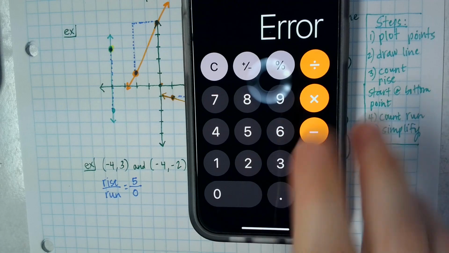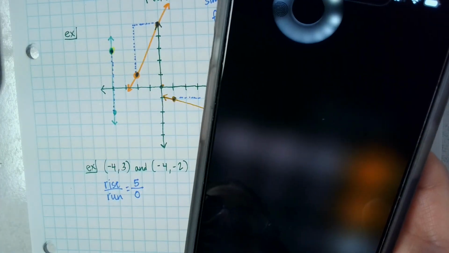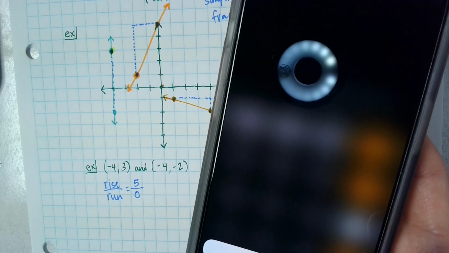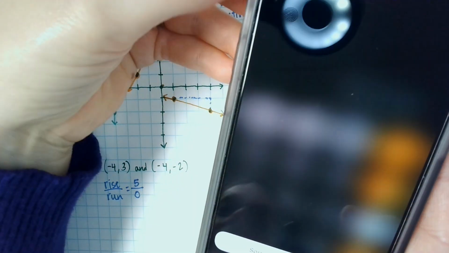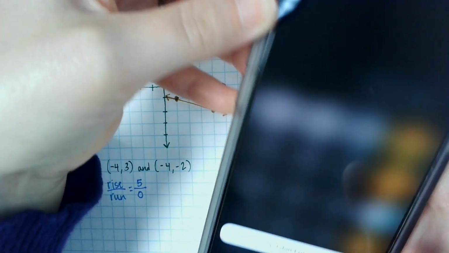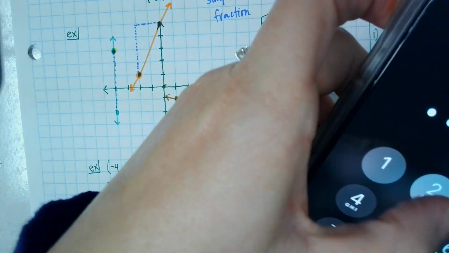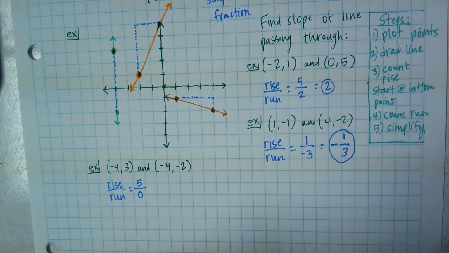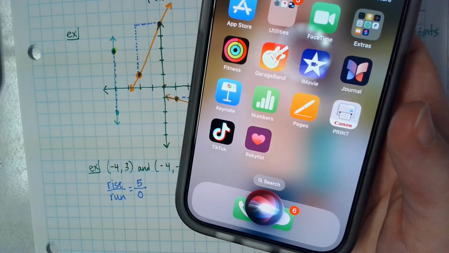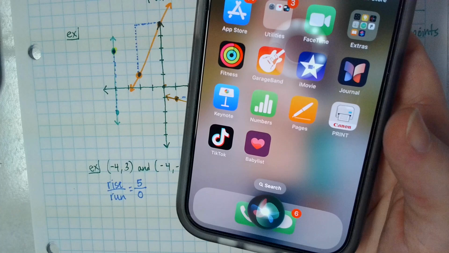Let's see if it does. Siri, what's 5 divided by 0? Not gonna do it? Hang on. Let me unlock it. Siri, what's 5 divided by 0? The same as 6 divided by 0, undefined.